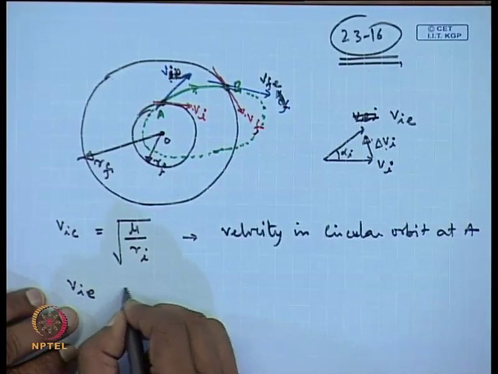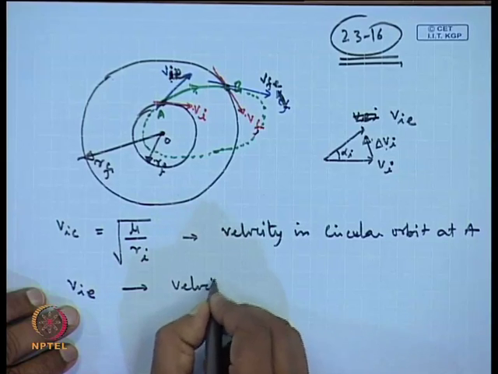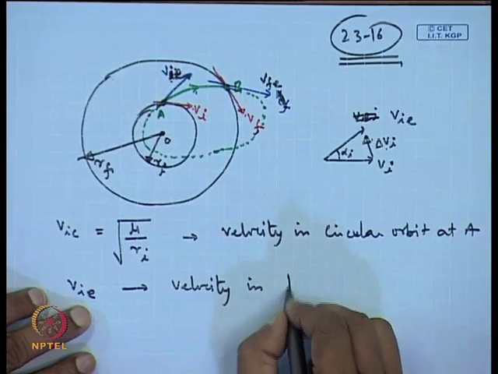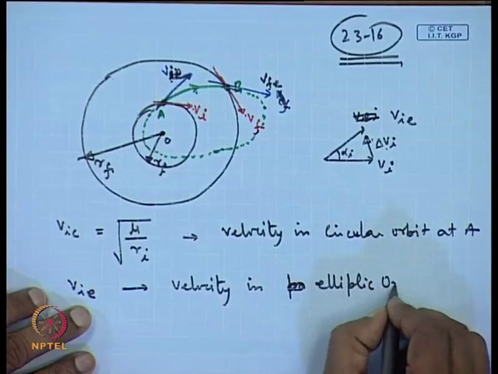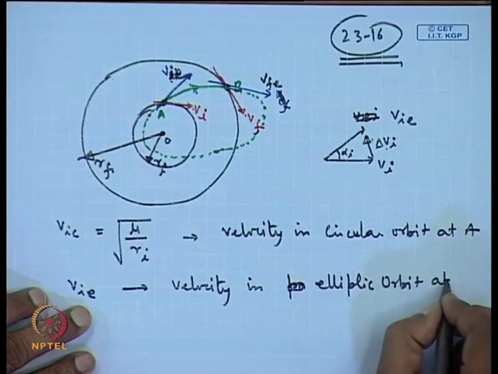So, V I E is the velocity in elliptic orbit at A.